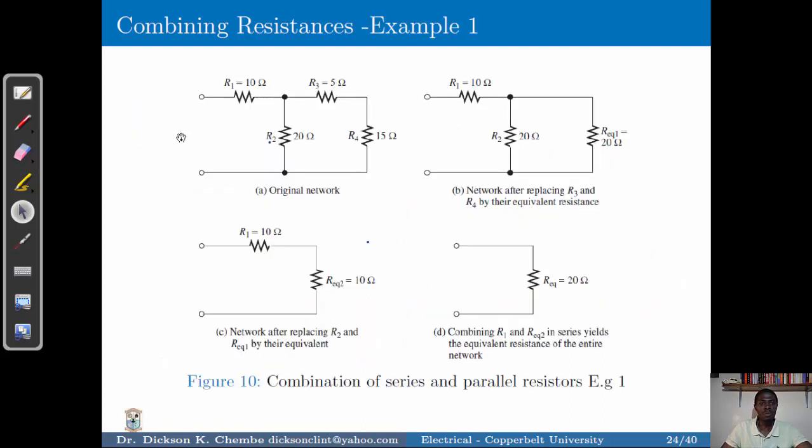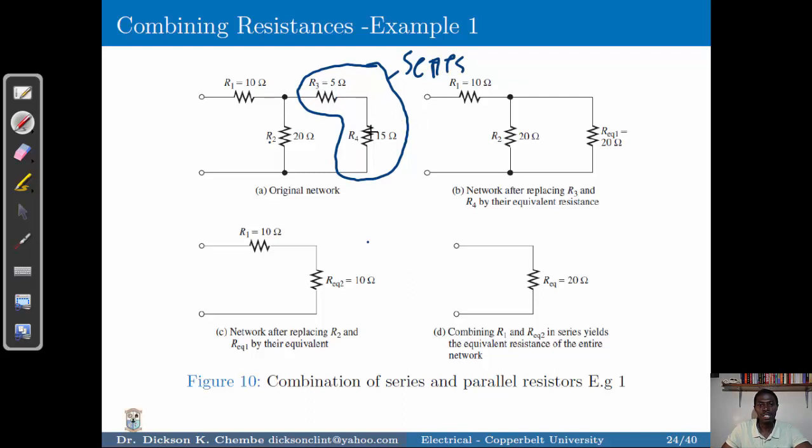Now, if we look at this example where we're combining resistances in parallel and series, you notice that resistors R3 and R4 are connected in series.